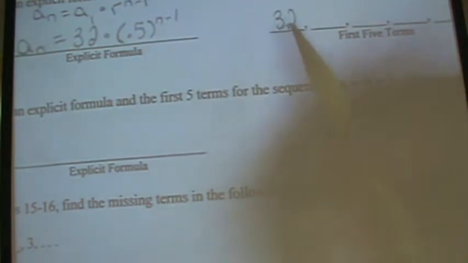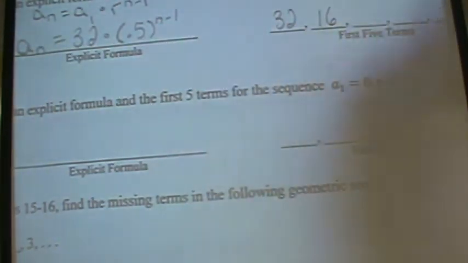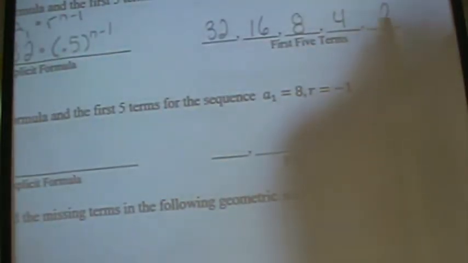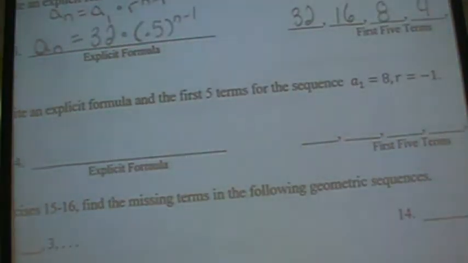So 32 times 0.5 gives us 16. 16 times 0.5 gives us 8. 8 times 0.5 is 4. 4 times 0.5 is 2. But you can also use the explicit formula for each one of those. You can plug in your n values.